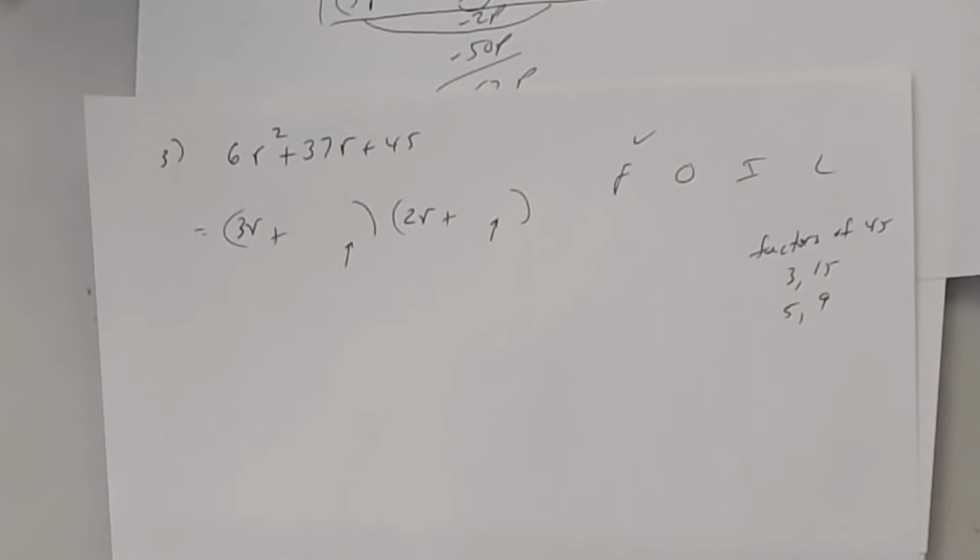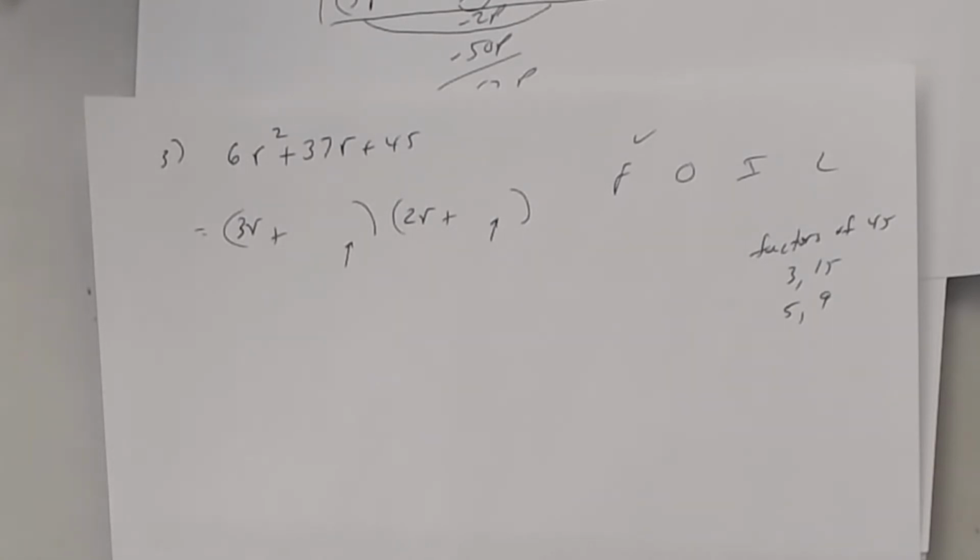What do you want to try? 5 and 9. Okay, so now let's look at 3 and 15. Now you shook your head. Why'd you shake your head? Well, I nodded at first, but then I realized that if you do the 3 and 15, there would still be a way to factor.